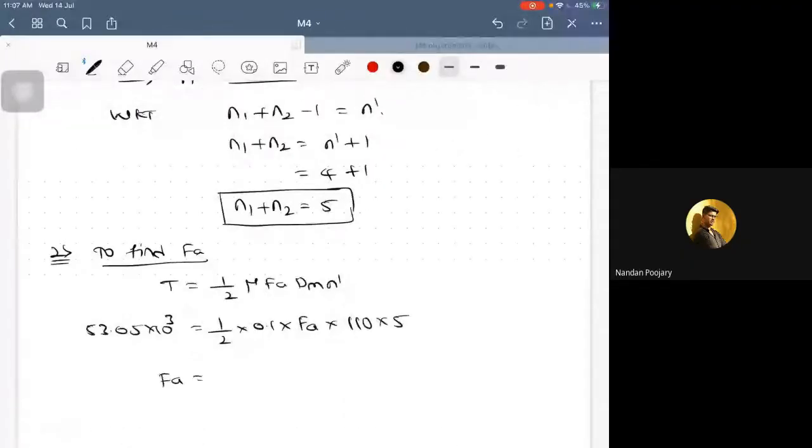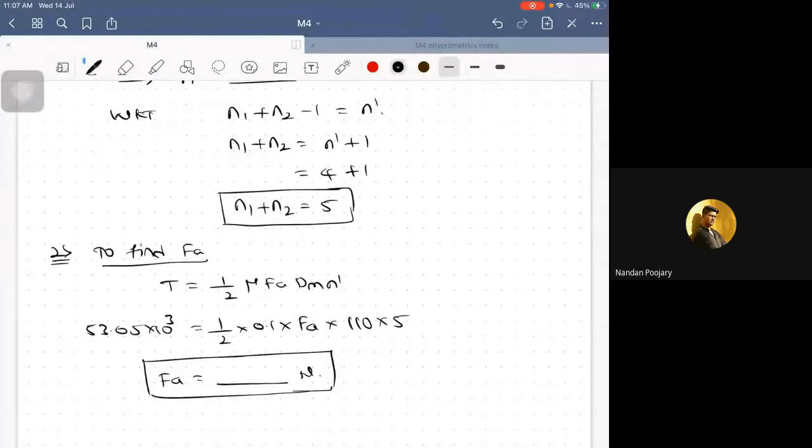From this, what is the value of Fa you are going to get? 2411.36.